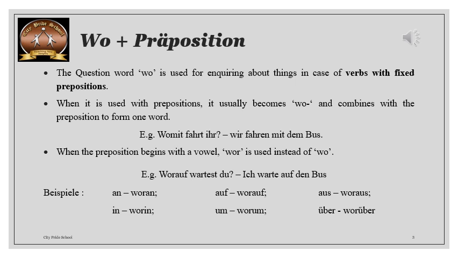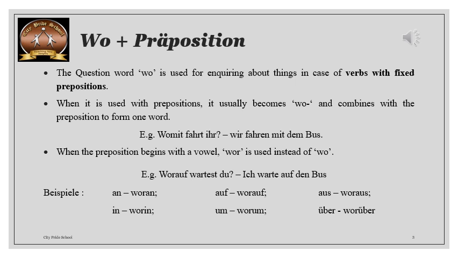Why is it so? Now we will see with the help of an example. Worauf wartest du? Ich warte auf den Bus. Warten auf is the verb with fixed preposition and auf is the preposition which is starting with a vowel. So here we are supposed to use r in between wo and the preposition. A few more examples are also given here. An: the question form will be woran. In: the question form will be worin.